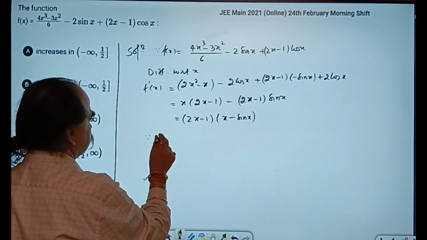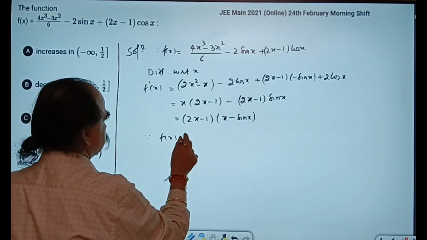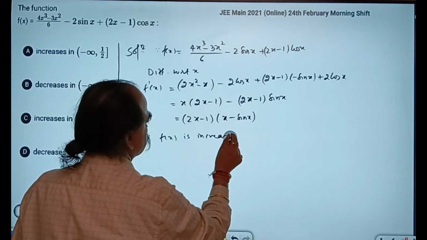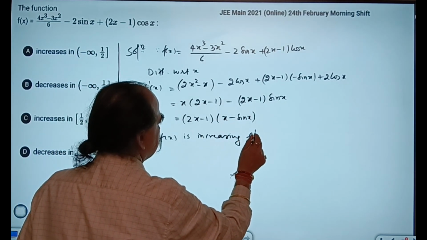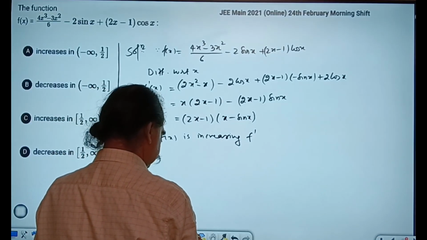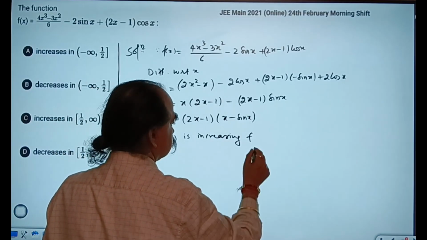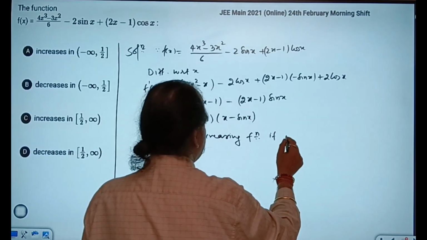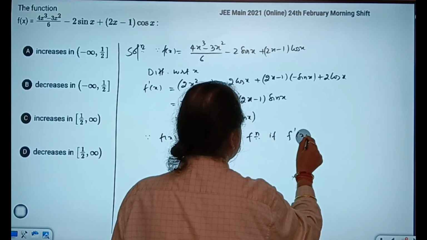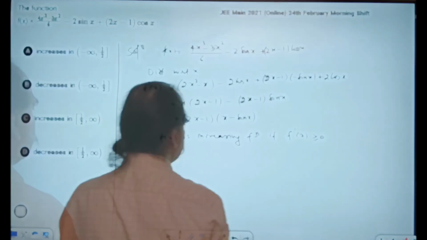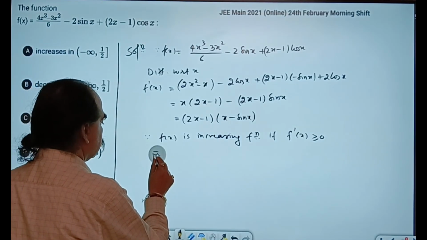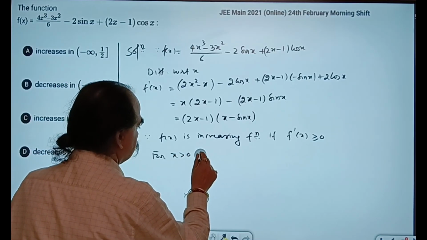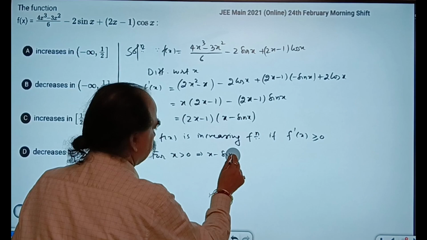Since f x is an increasing function, if f dash x is what? Greater than or equal to 0. For x greater than 0, x minus sin x is what? Greater than 0.